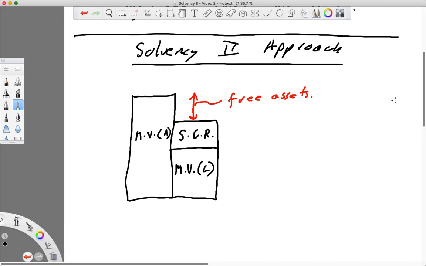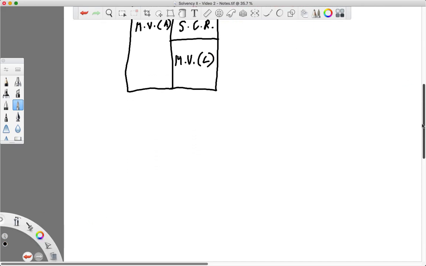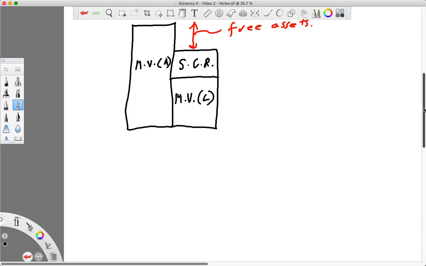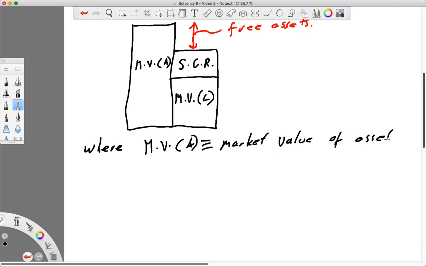But let's define these. Where MV of A is equal to, by definition, market value of assets.